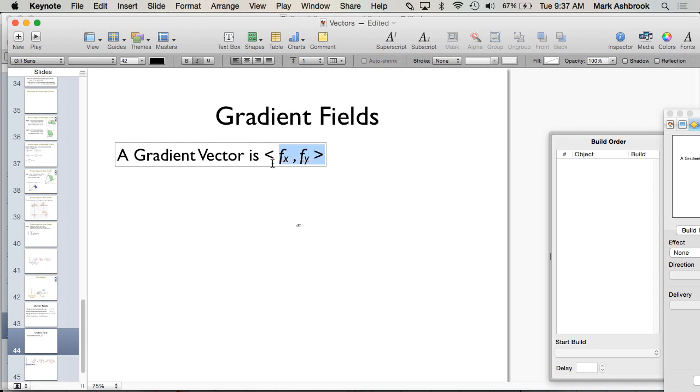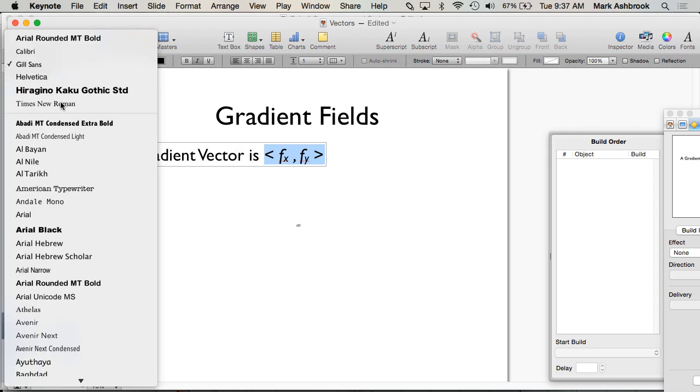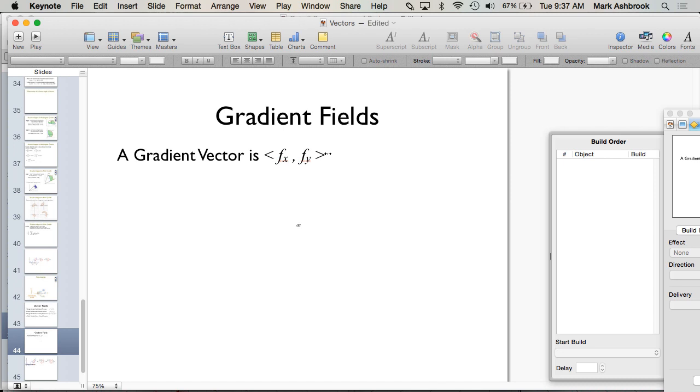Let's make that clear. All right, so that's how you calculate it, right? So gradient vector was what? It was the partial derivatives, right? It was the partial derivative of x and the partial derivative of y made into a vector, right? Made into a vector. Okay?